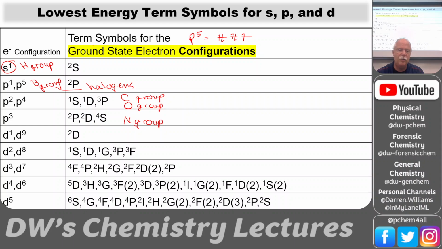Now notice the ones with the most unpaired electrons and the highest angular momentum would be like the D5. So this has the most terms. Why is that? Well, because you've got all of the possible ways to put together 5 electrons in a d orbital.